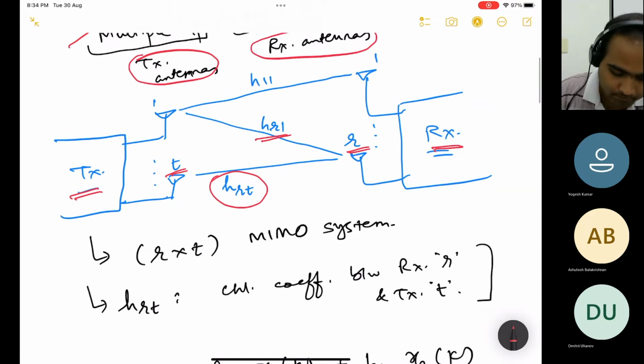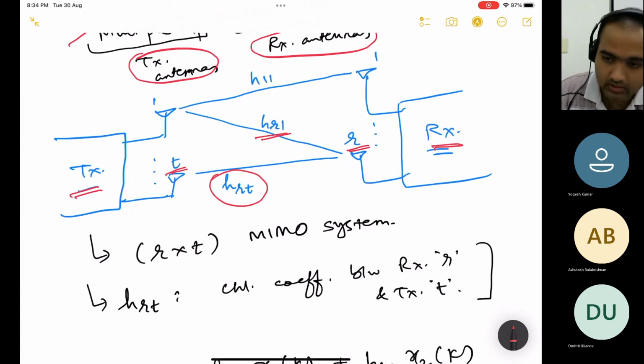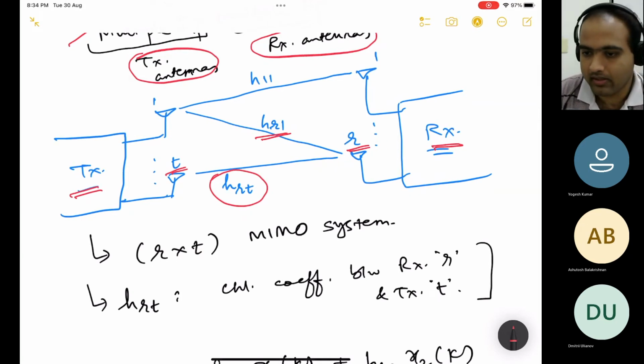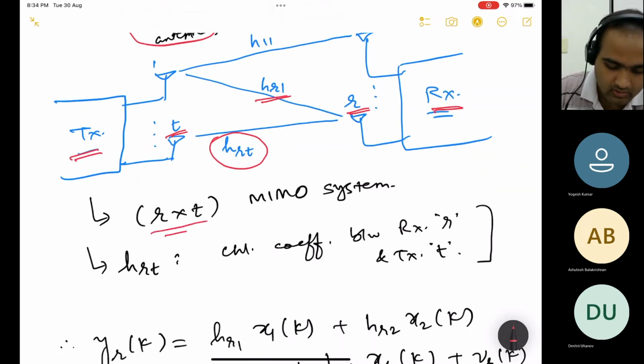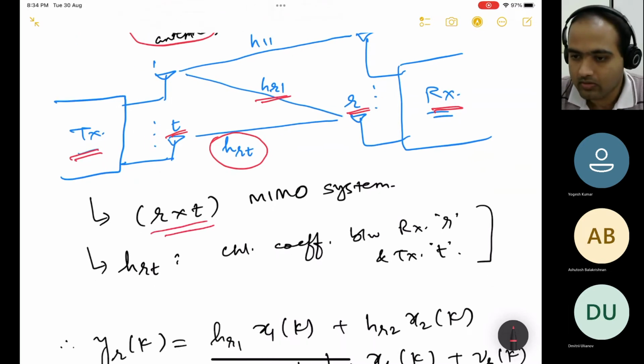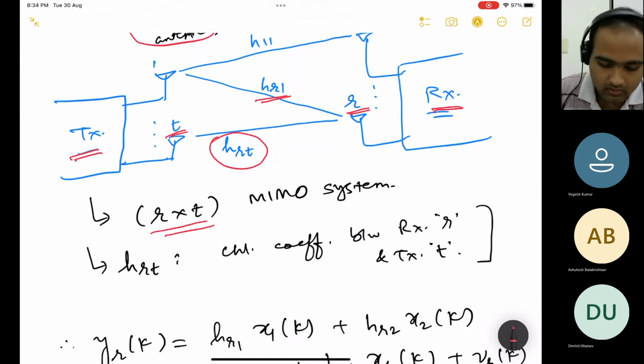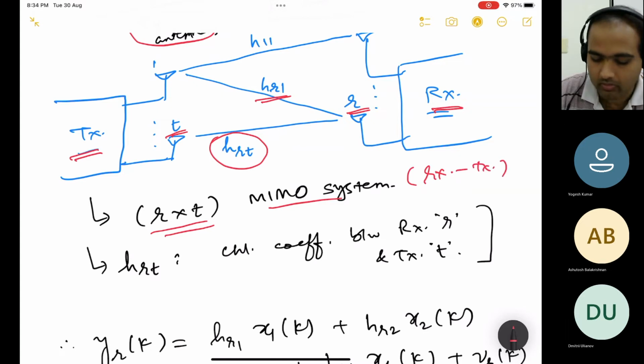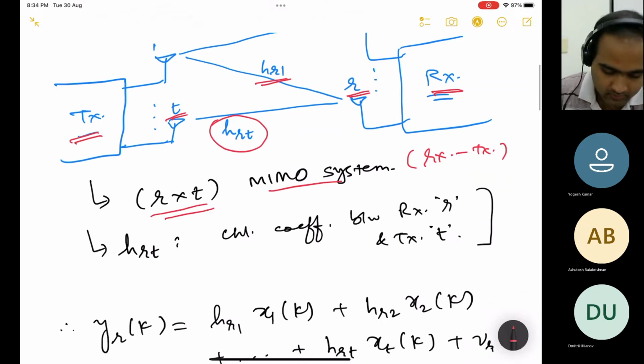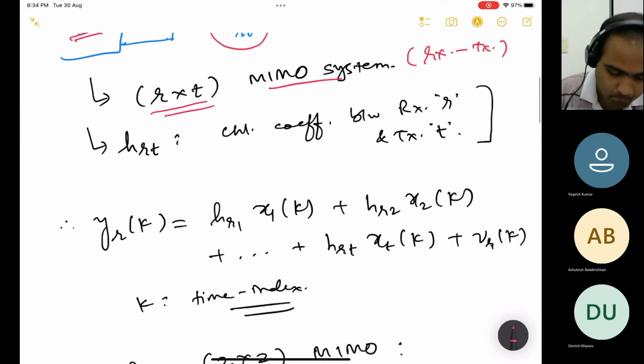Note that in this notation, the receive antenna index comes first and then the transmit antenna index. So this kind of MIMO system is an R cross T MIMO system, where the receive antenna count comes first and then the number of transmit antennas.